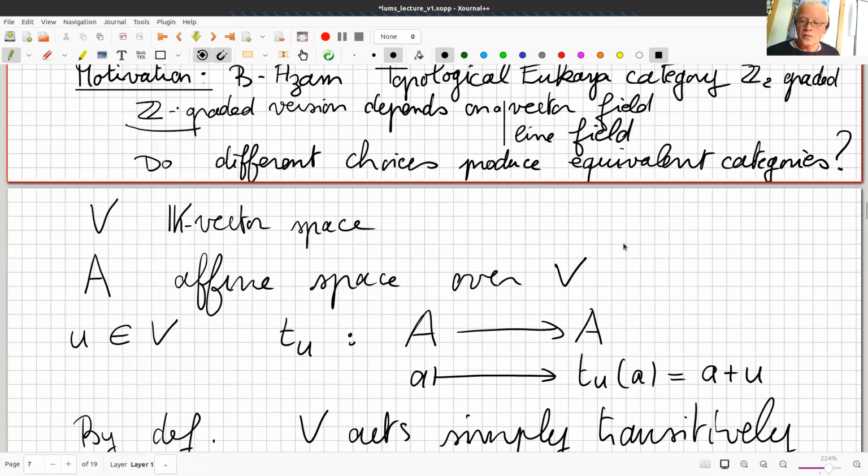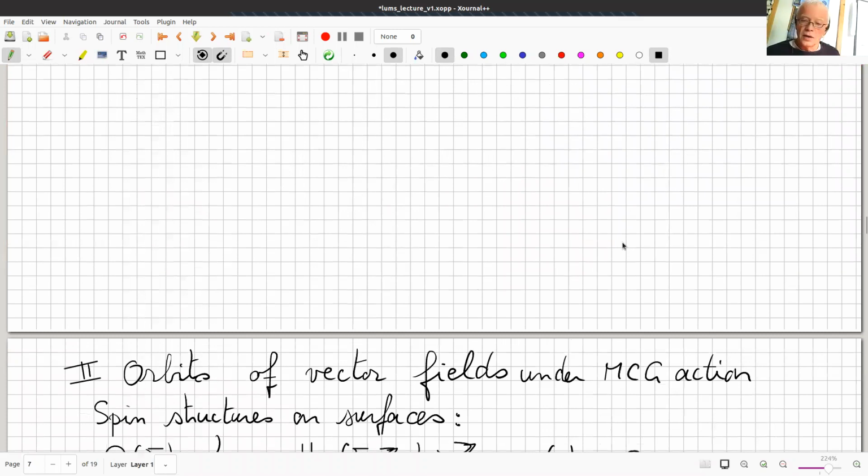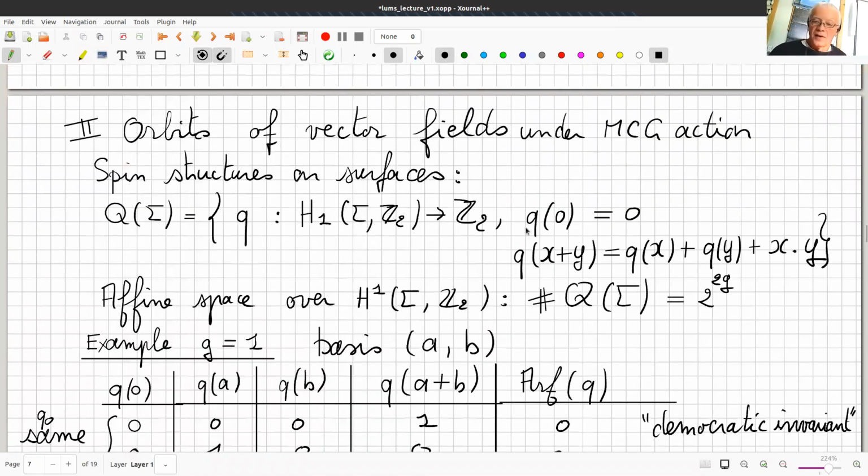Okay, so let's start. For this, I need another gadget, a topology or geometry gadget, which is a model. It's a description of spin structures on surfaces, and it's something rather elementary, but probably not so well known. So now I define a certain Z over 2 quadratic function on the homology of sigma.